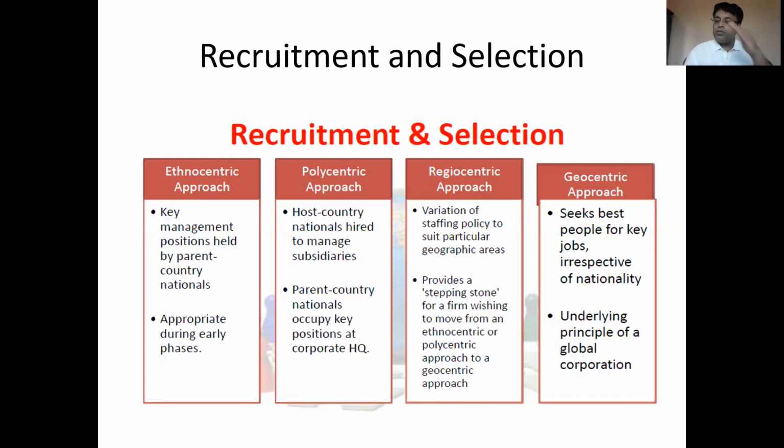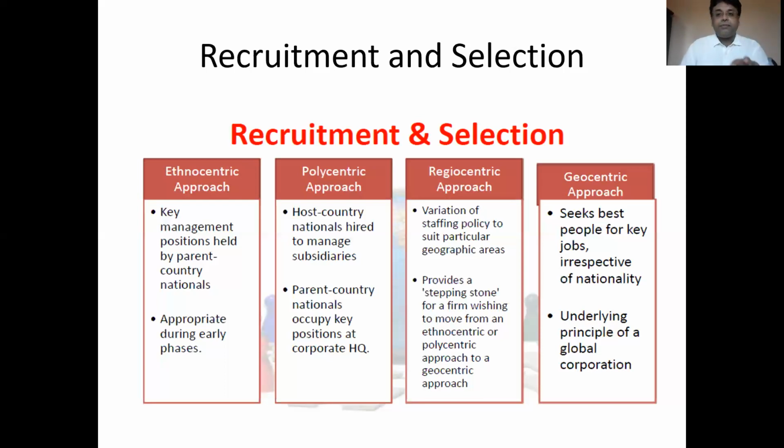Clear? Next one, polycentric approach. Host country nationals are hired to manage the subsidiaries. Parent country nationals occupy key positions at the corporate headquarters. So what is happening? Host country nationals are hired. The US is the host country because Infosys has its office in the US.